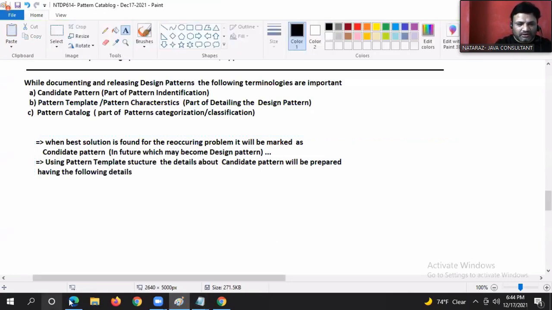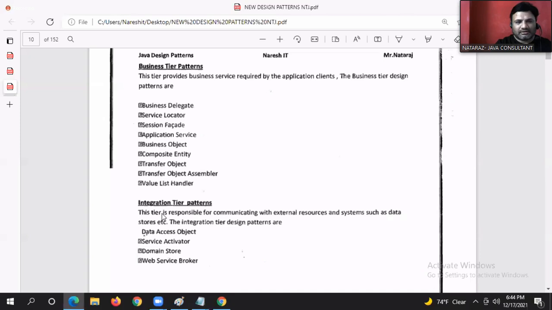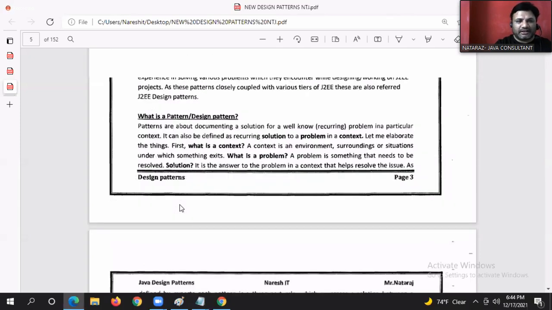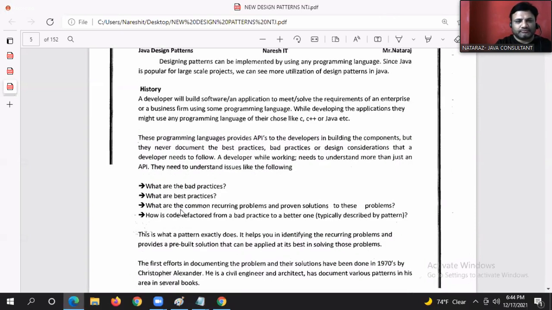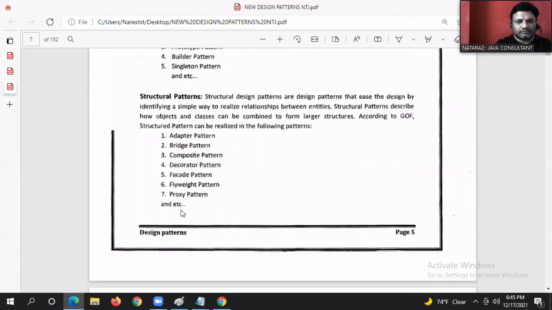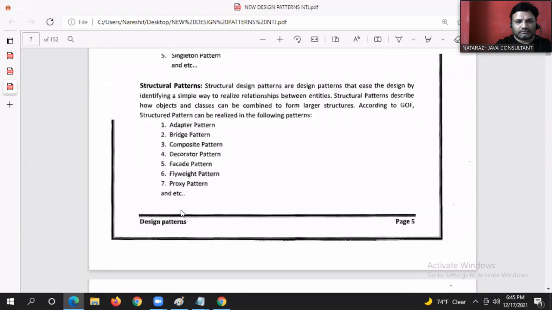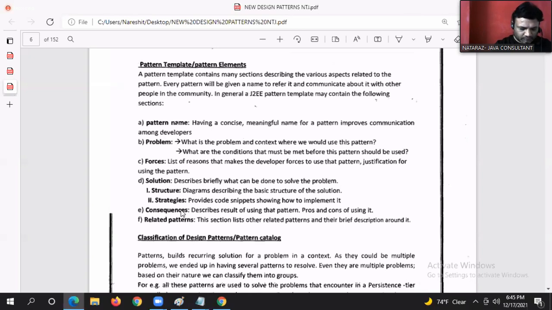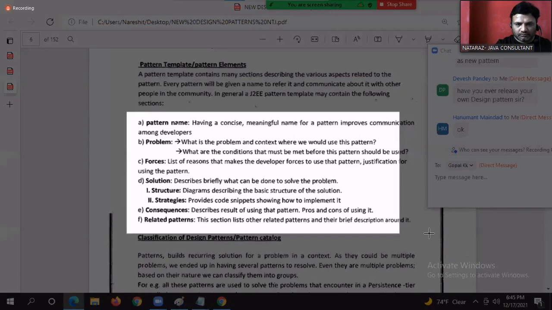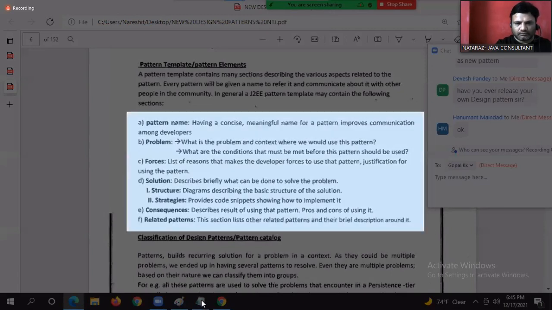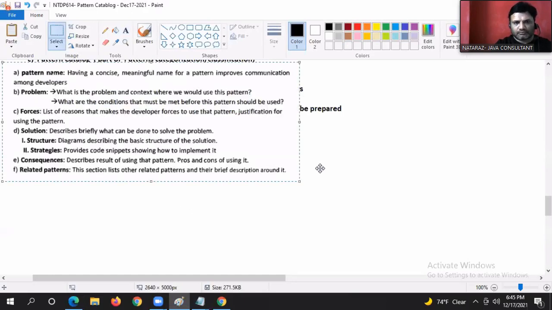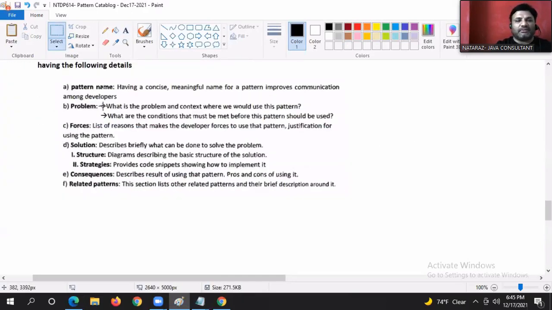What are the following details, guys? These are the following details they will maintain. What is the first one they will maintain?